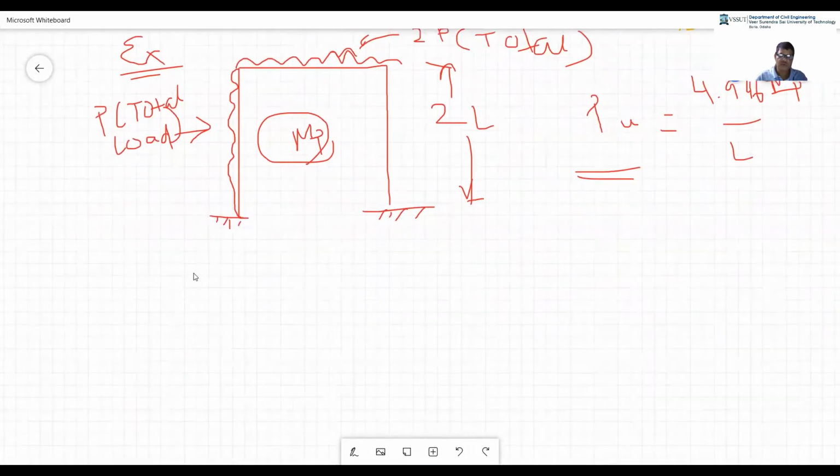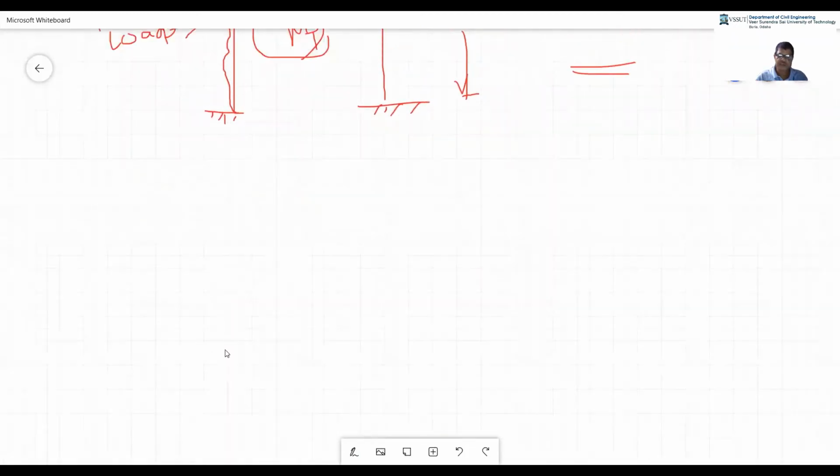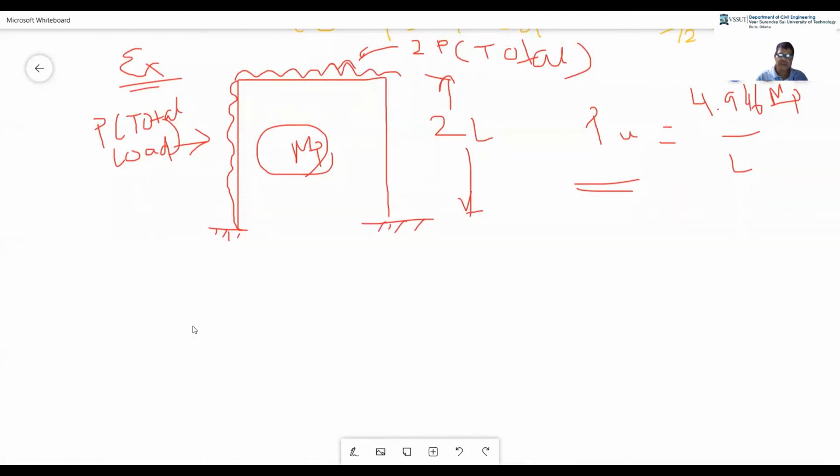Now for the proof, we will go to the problem solution. As you have seen, there will be a number of hinges, 1, 2, 3, 4, 5, 6. So we can find the mechanisms for these.